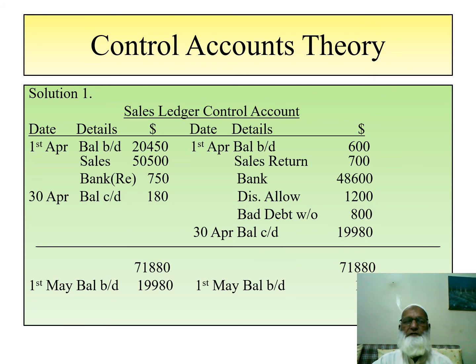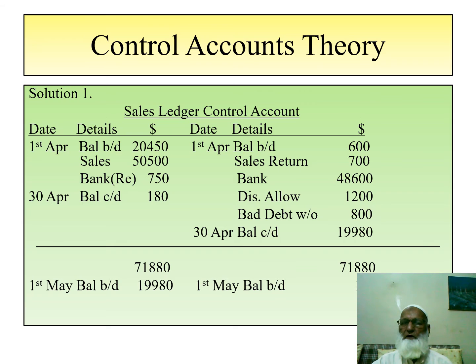The solution is given over here. The sales ledger control account is given. The debit balance at 1st April is 20,450, and the credit balance is $600. Sales is 50,500. There is a refund to the customers, that is 750, and sales return is 700.